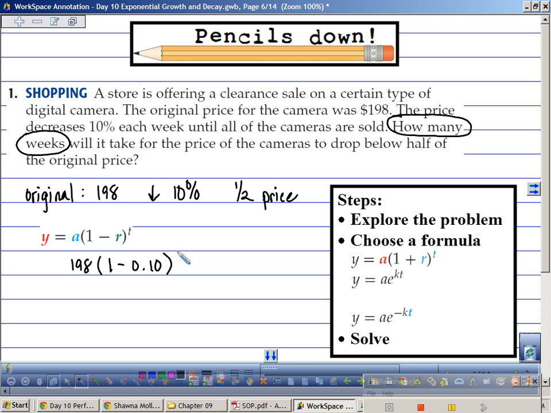All right, do we know T? They asked us how many weeks, so we don't know t. Do I have a value for y? Don't. Do I? Tamia? It'd be half of 198. How much is half of 198?